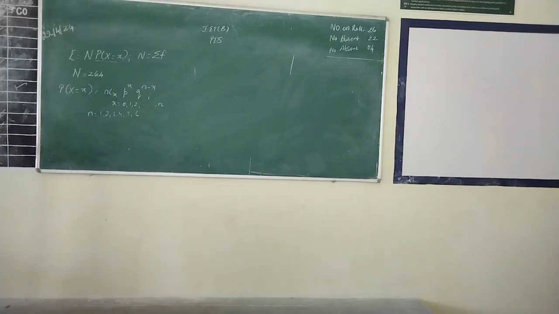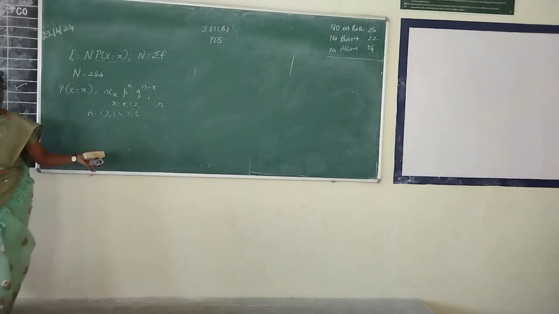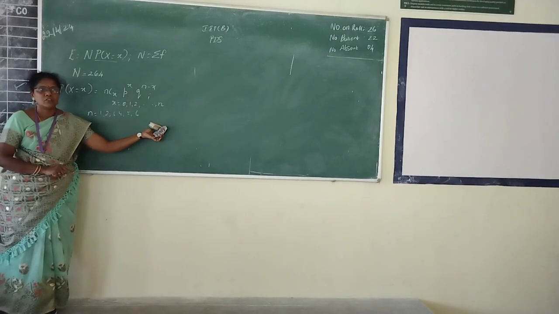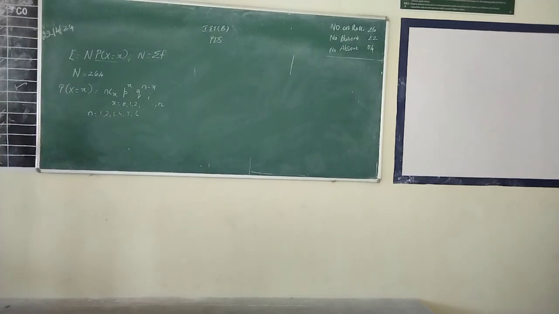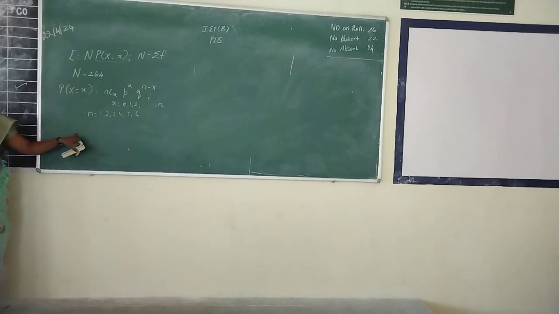But here we see whether x starts from 0 or 1. In a binomial distribution, generally we take 0 to n. So here you don't consider the last value as n. You count how many data there are and consider that to be the n value, because here the x value does not start with 0. Can you understand the difference now? At this point you should be careful. Mostly a binomial distribution will start from 0 only.